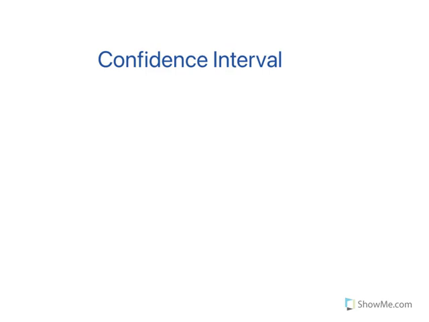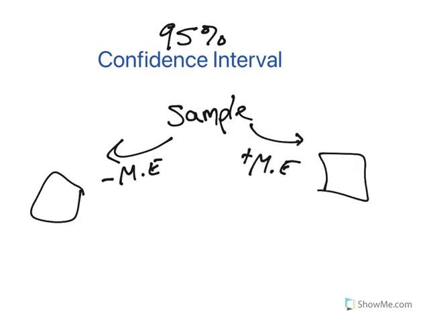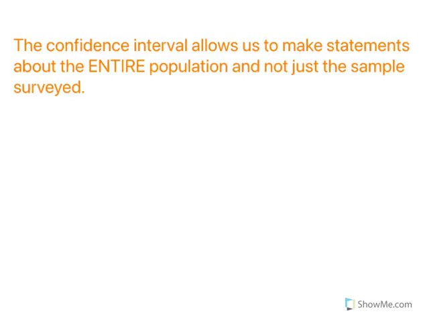In our particular case, we only deal with 95% confidence intervals. So you always take your sample percentage, subtract the margin of error to go to the left, and add the margin of error to get the number on the right. That is your 95% confidence interval.